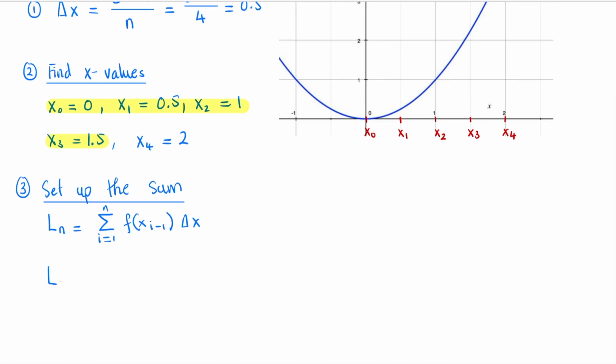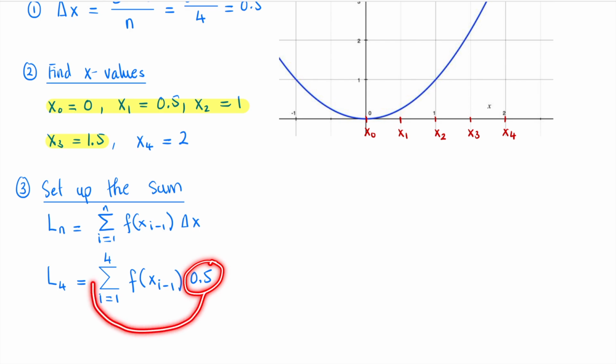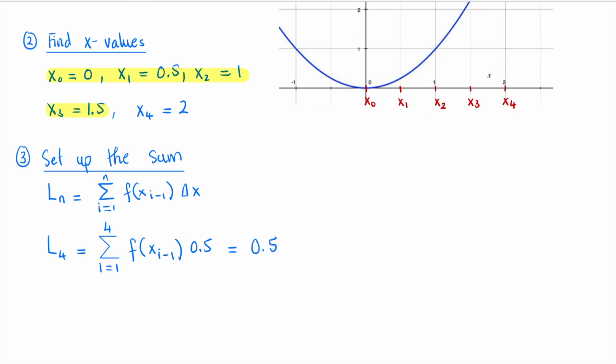So I have L_4 equals the sum from i equals 1 to 4 of f of x sub i minus 1 times 0.5. And 0.5 is a constant, so we are going to put that outside of the sum. So we have 0.5 times the sum of f of x sub i minus 1.